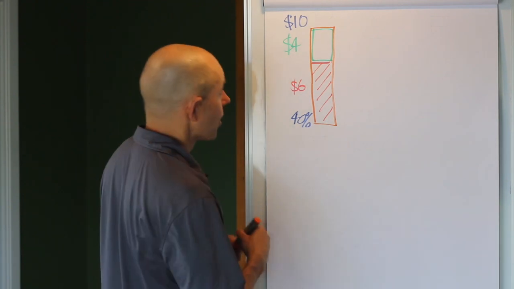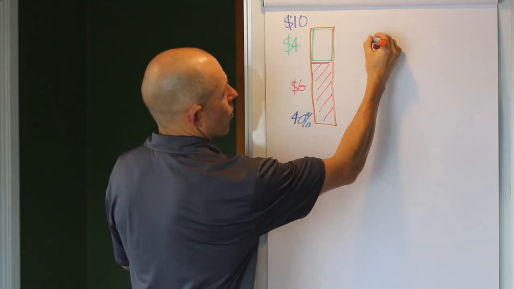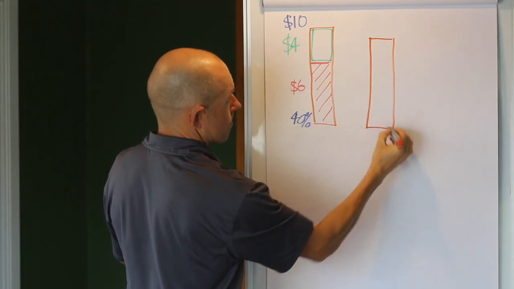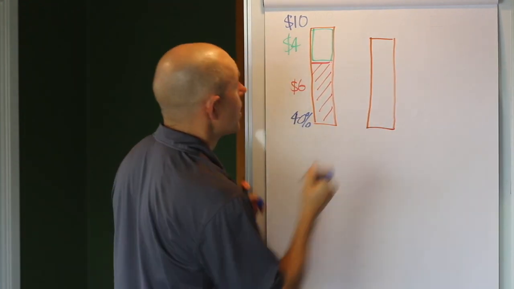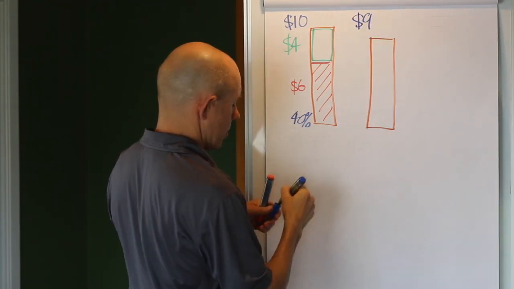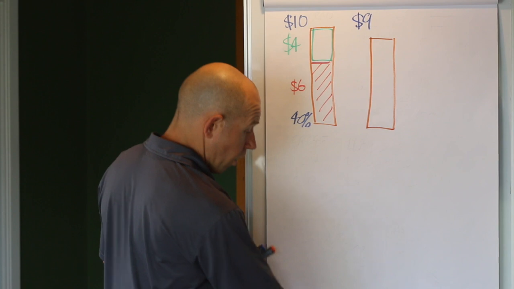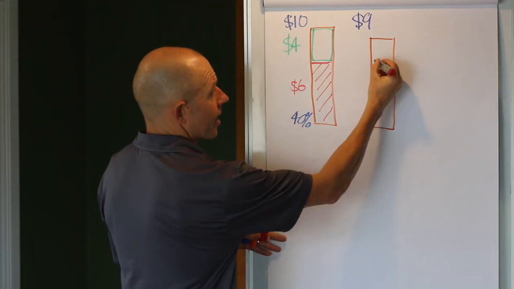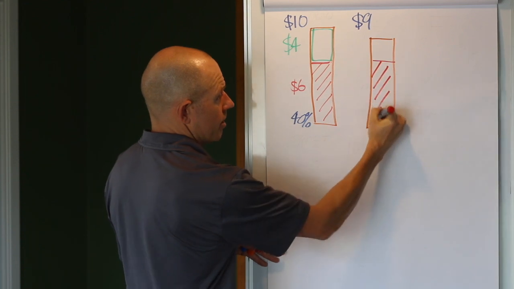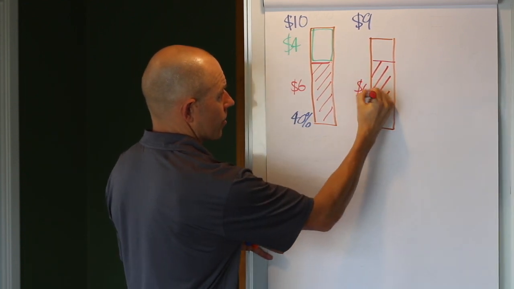Okay, so let's say now we're selling something for $9. And so our cost remains the same. Our cost is still $6. I think I'm a little out of proportion there. But cost is $6.